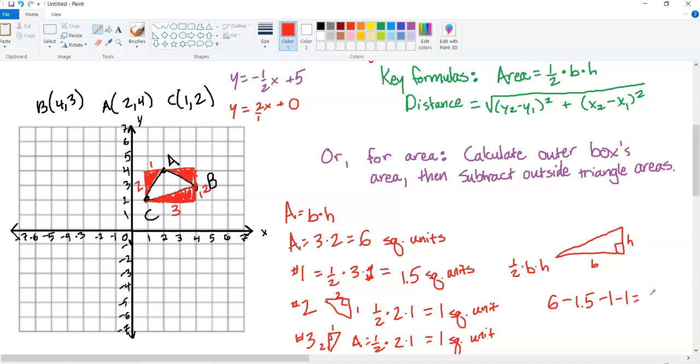What I get is 2.5 square units is the area of my triangle. And I'm going to label it A, B, C because those were the letters I used on the graph. And so you should move on to different letters for each one.